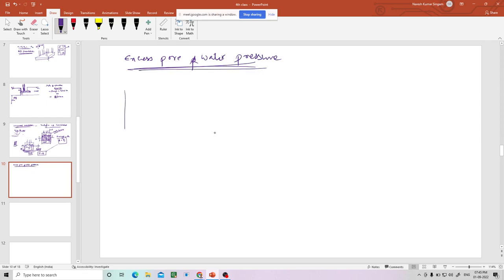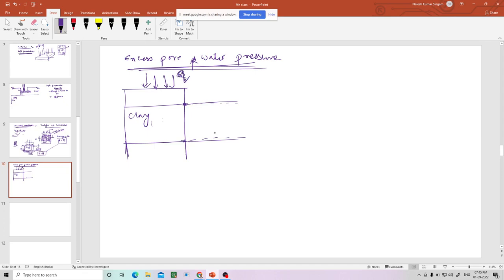Suppose now again there is a clay with sand below and above. This is clay. When there is a load, the water inside the clay will take the load, whichever you apply here, first.